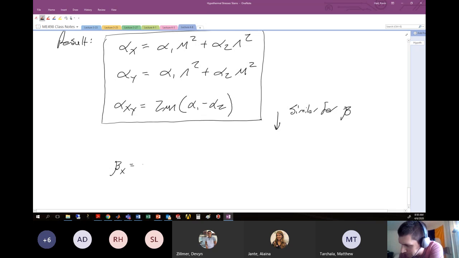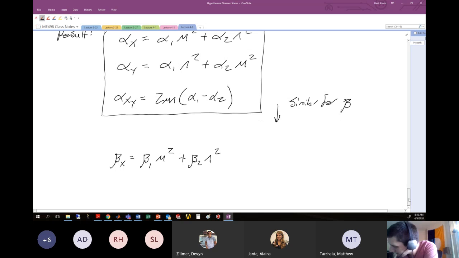It's going to look very similar. It is beta 1 m squared. Okay, remember m is cosine theta, plus beta 2 n squared. Beta y is beta 1 n squared plus beta 2 m squared.